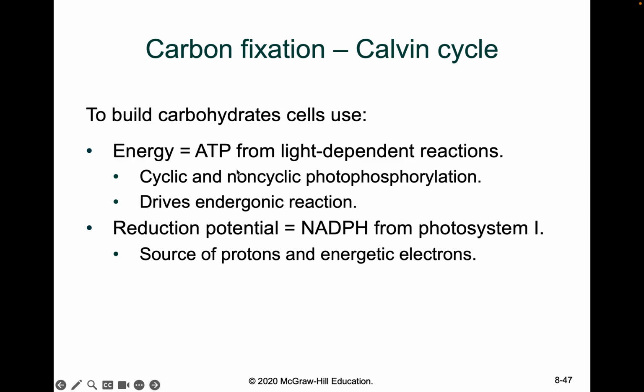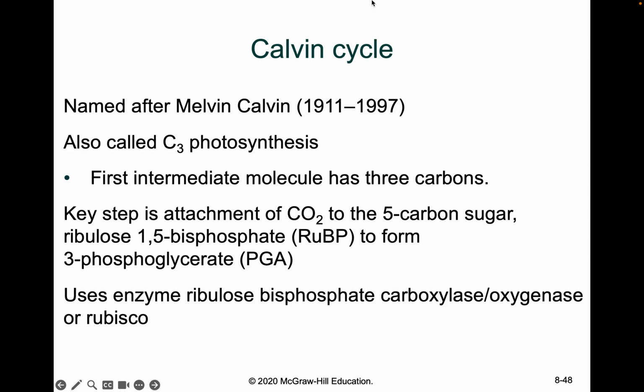These give the source of ATP, so it drives the endergonic reaction, and we also get a source of protons and energetic electrons from NADPH. These two important products from the light dependent reactions help to fuel the light independent reactions of the Calvin cycle.